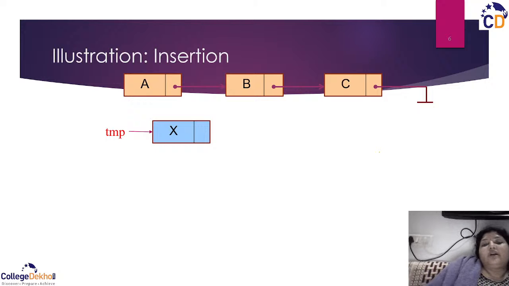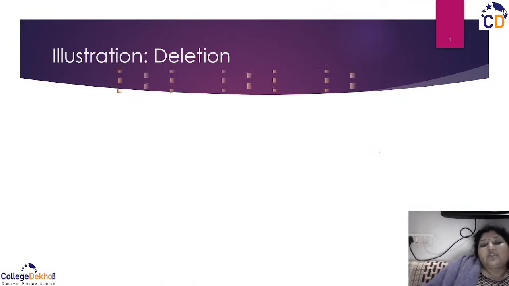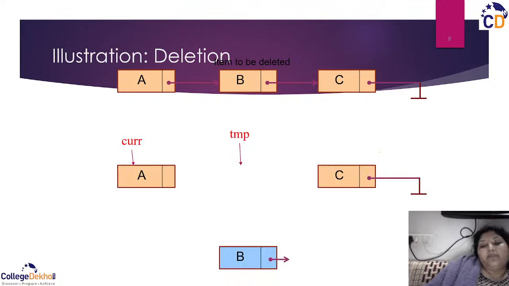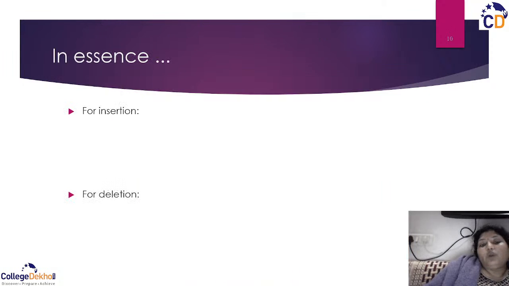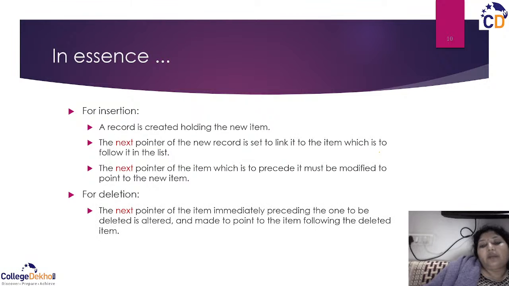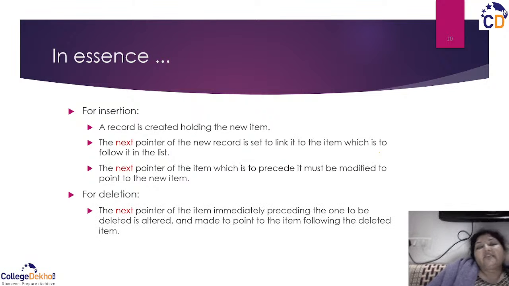We are making the connection between A and B. Now the B pointer, the start pointer's next part, should be holding the address of the X variable, right? So this is what these statements are telling, what things need to be kept in mind while making the changes in the next pointer.